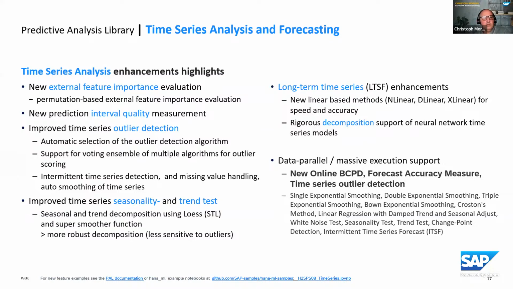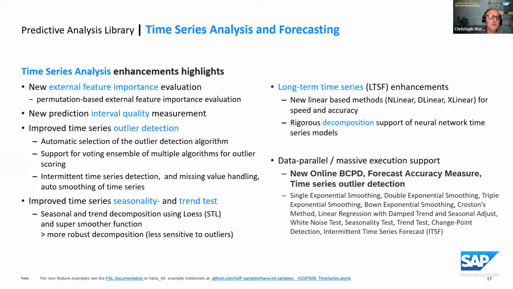And with that permutation of the features of different external factors, this can be more effectively measured. Then there's again this interval quality for the prediction intervals, which can be applied and qualified. New and improved is the outlier detection algorithm, which provides an automated selection of the outlier detection function. There are multiple outlier scoring functions in there, which are automatically detected.